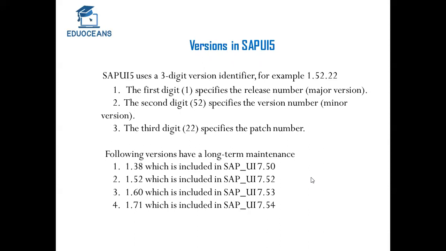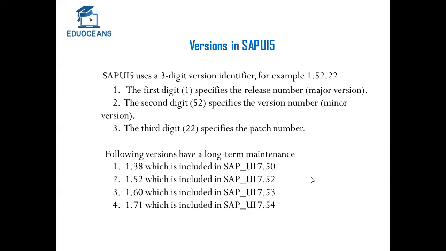The following versions have long-term maintenance, that is 1.38, which is included in SAP_UI. So what is SAP_UI? It is a component which has been added in SAP NetWeaver Gateway, so that we can identify the current version of our SAP UI5. Once we install the SAP_UI 7.50 component in the SAP NetWeaver Gateway, we are able to get the SAP UI5 version as 1.38.